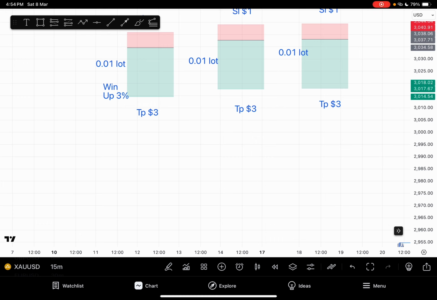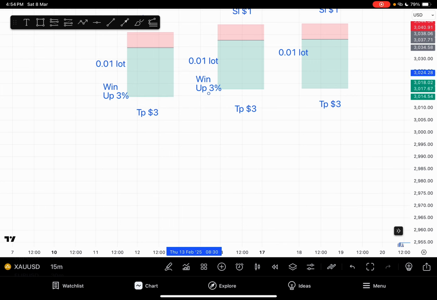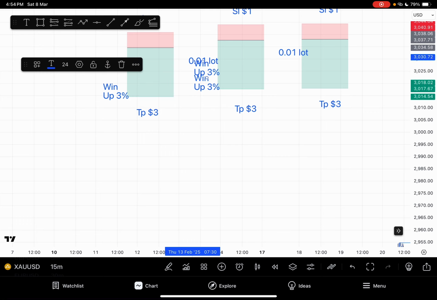That's I won $3. If I win the next trade, I'm also up 3% for the day. And if I win the third one, I'm also up 3%.